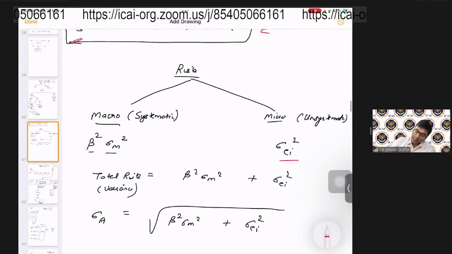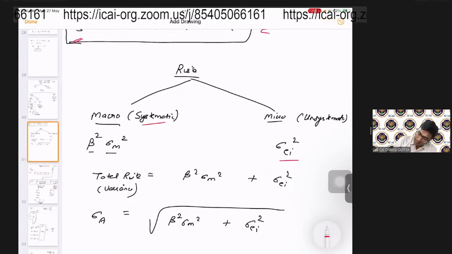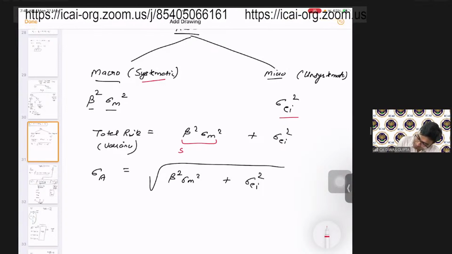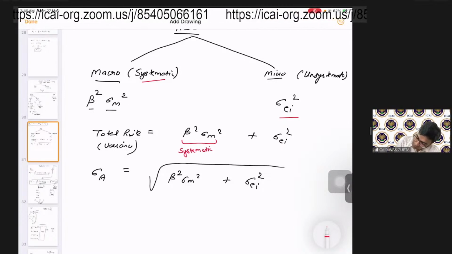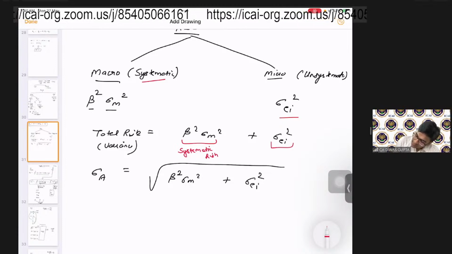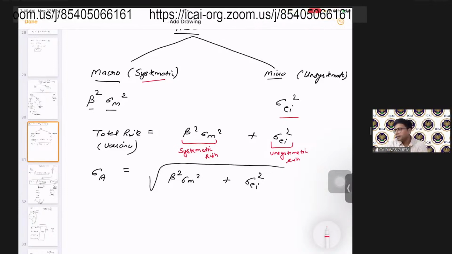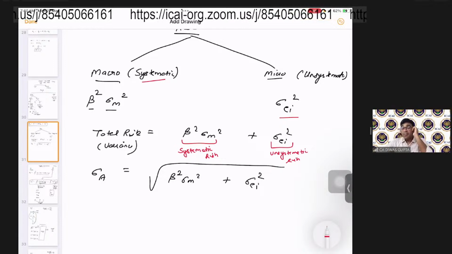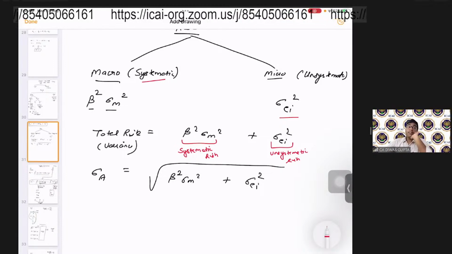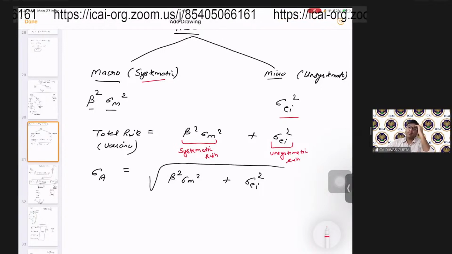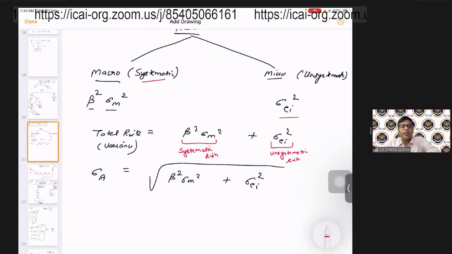Now, students, if you see here, the systematic risk is given by this. Clear? Some people say that systematic risk is beta, but please make sure we are not using that because systematic risk is not beta. Beta helps in calculating the systematic risk, which is beta square into the standard deviation of market square.